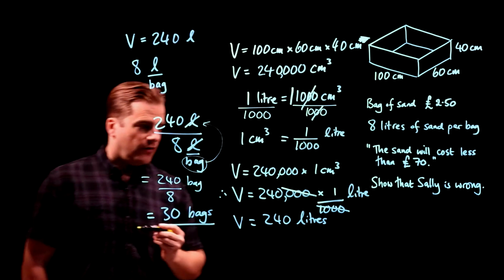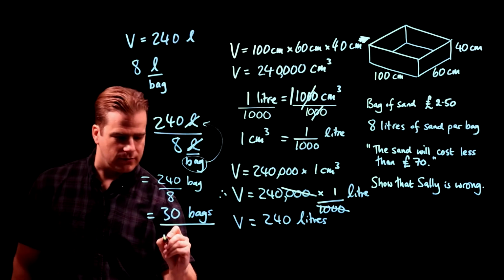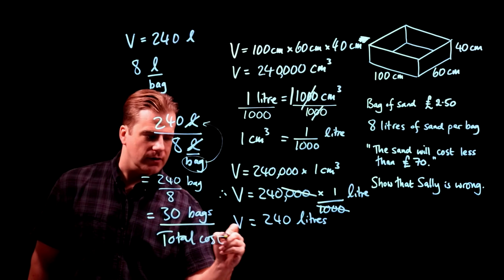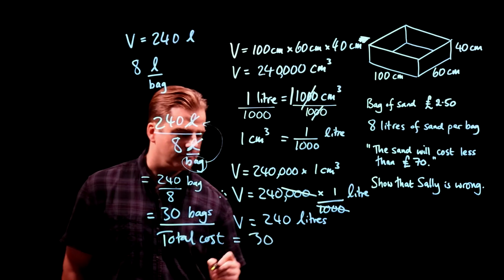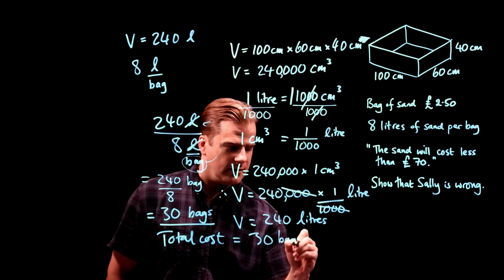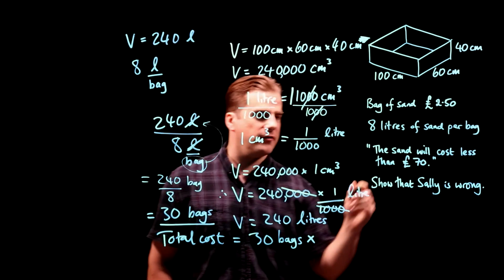One bag costs £2.50, so total cost is, so we've got 30 bags. We can do a unit thing here if you like. 30 bags times, it's £2.50 per bag.